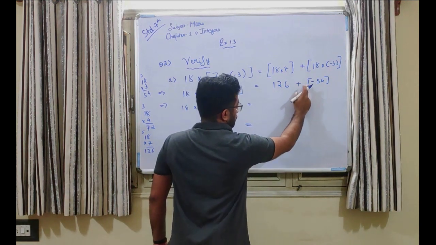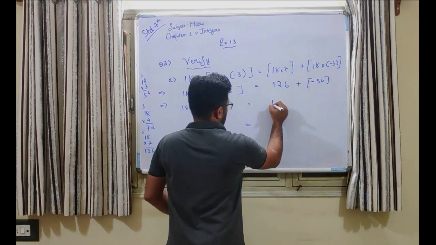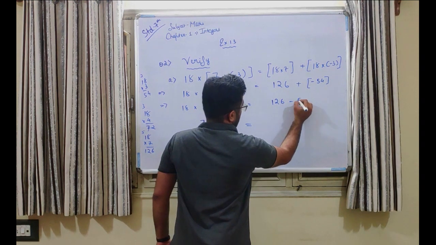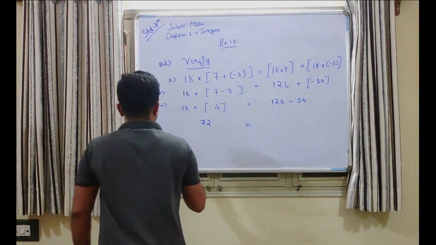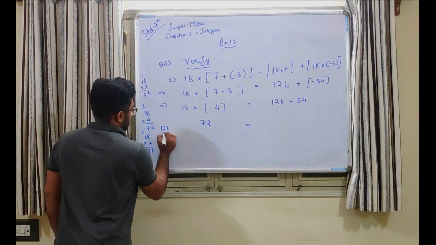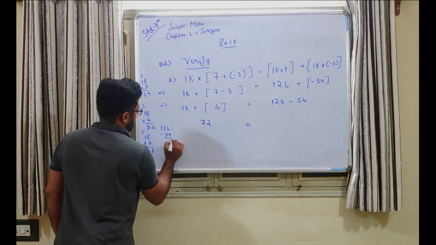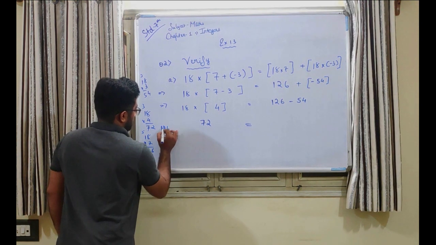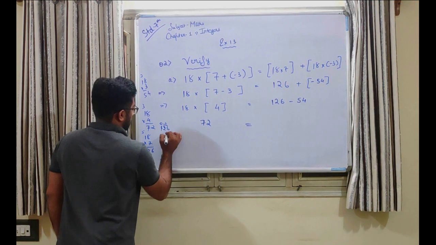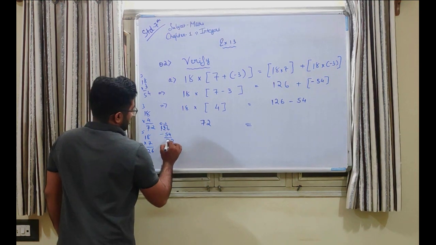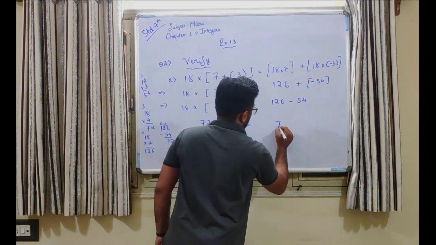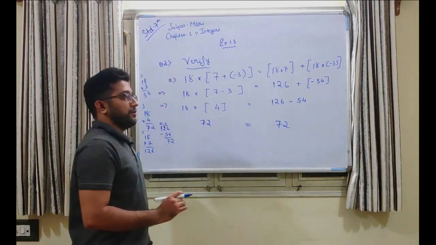Now here it is plus, so plus minus minus, sign of greater, 126 minus 54. We will subtract 126 and 54, and this is 72. Here our final answer will be 72.